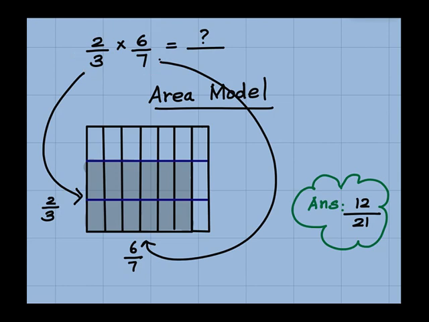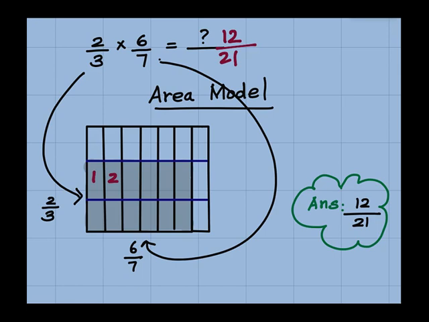When we multiply, 2 times 6 is 12 and 3 times 7 is 21. The answer is 12/21. If you see here, 12/21, 12 boxes will be shaded.